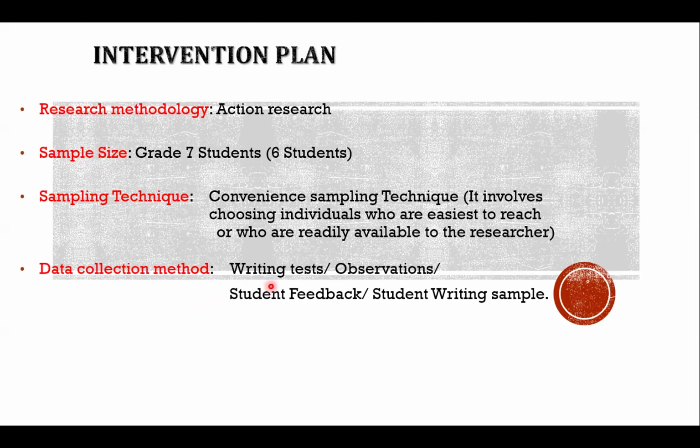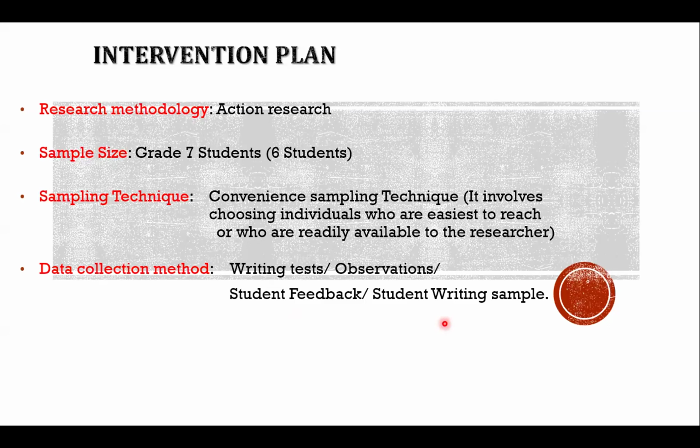First one, writing test. So here I'll give them a test to see how their writing skills improve. And the second one, observation, means I'll watch how they work during the lessons. And next one, student feedback, means I'll ask them for their opinions on what's helping them make the writing easier.